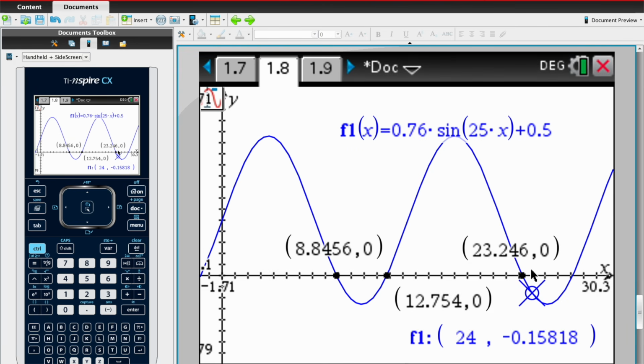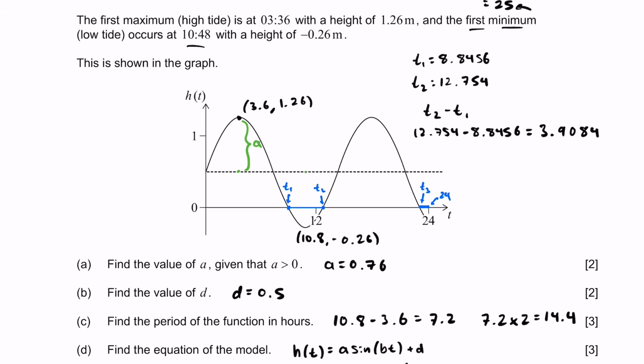Let's go back to the document and write this out for T3. Okay. T3 is equal to 23.246. In terms of this interval right here, it would be T4, which I think is actually maybe easier just to write 24 minus T3.